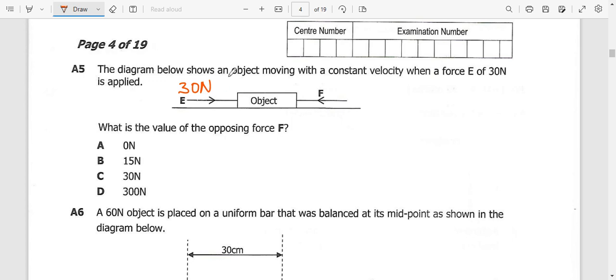Okay, so we've been told we are applying a force E of 30 newtons on this object. Now you can see there is also a force going in the opposite direction. What do we call the force that opposes motion?